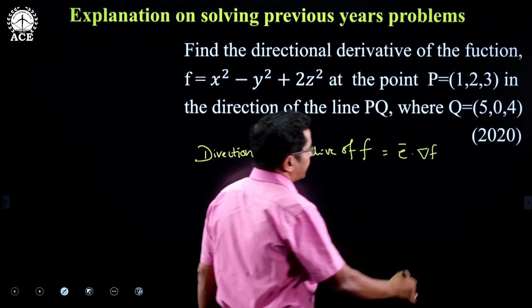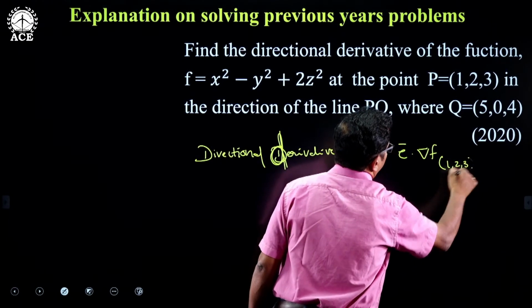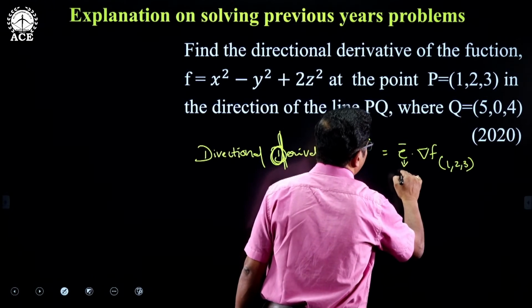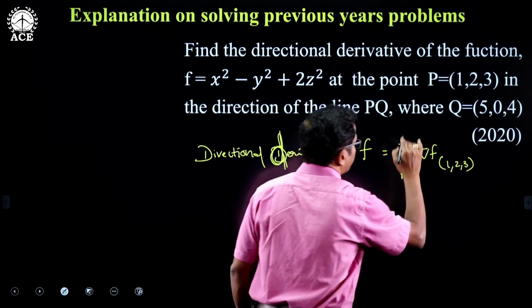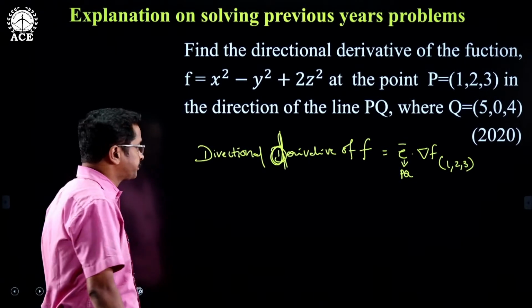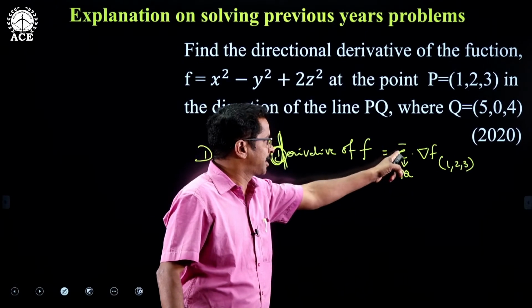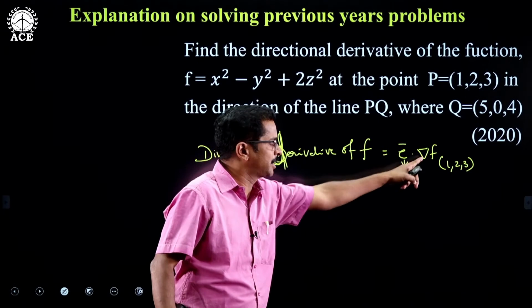Here del f is evaluated at the point 1, 2, 3, and E bar is evaluated along the line PQ, meaning in the direction of PQ only we are going to evaluate the directional derivative.